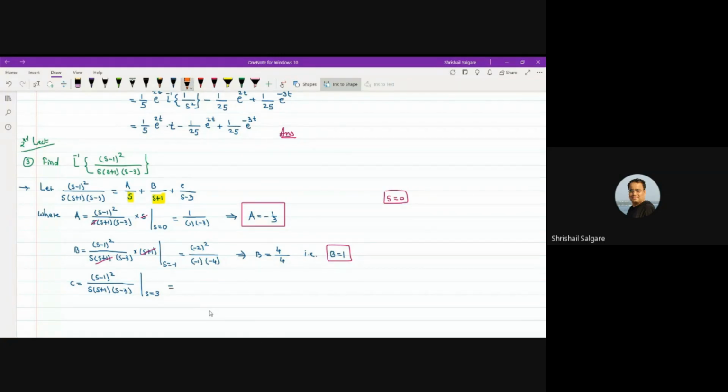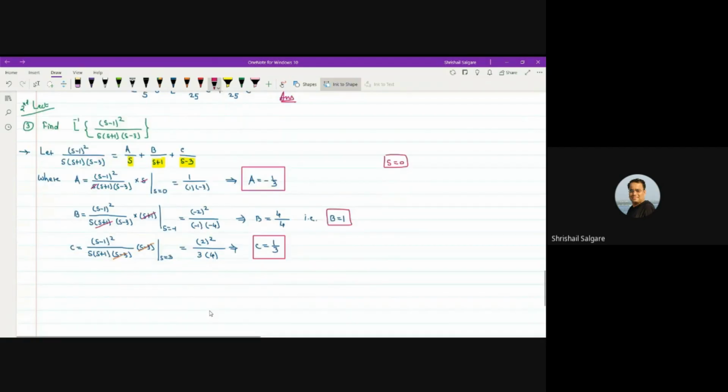I forgot to write that factor: multiplied by the denominator factor s minus 3. Now this factor s minus 3 gets cancelled. Then the numerator is 3 minus 1 is 2, its square, divided by 3 into 3 plus 1 is 4. That is, c is equal to 1 by 3. Very good. That is the answer.